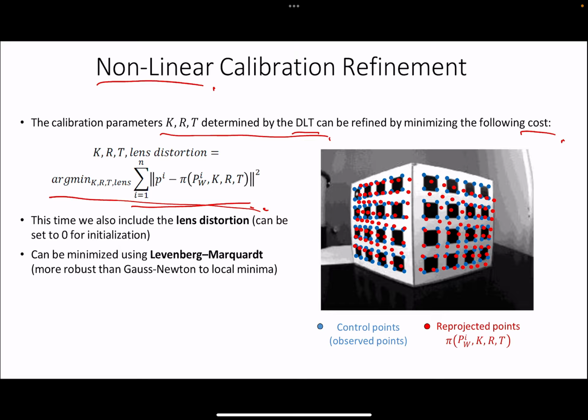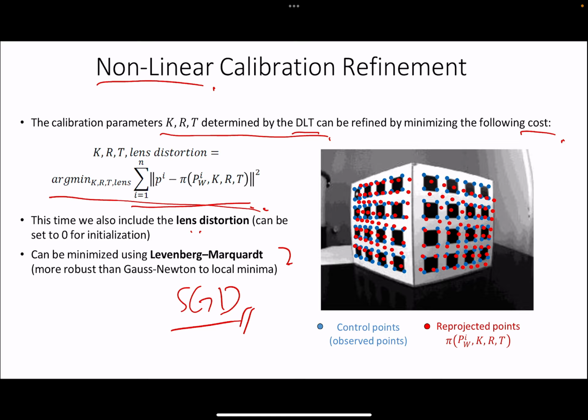And we also include lens distortion now. It can be minimized using Levenberg-Marquardt, which is more robust to local minima than Gauss-Newton. Of course, you can use stochastic gradient descent or other methods. Maybe you are more familiar with SGD than with Levenberg-Marquardt; actually, I am not very familiar with this kind of stuff either.